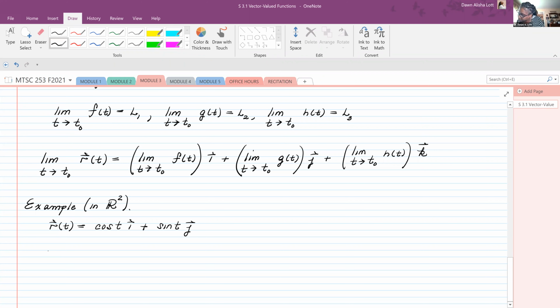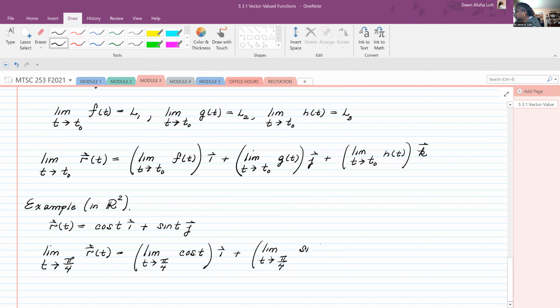So the limit as t approaches pi over 4 of r of t is the limit as t approaches pi over 4 of the cosine of t i plus the limit as t approaches pi over 4 of the sine of t j.